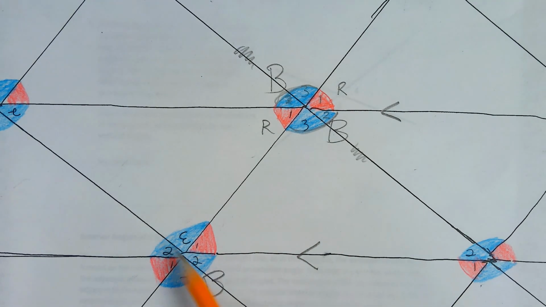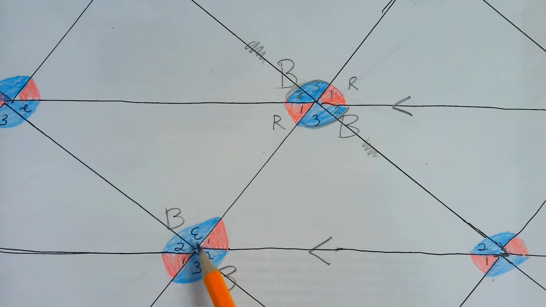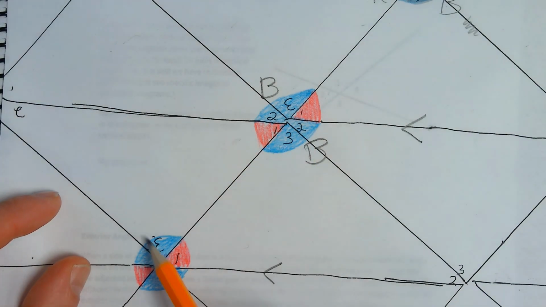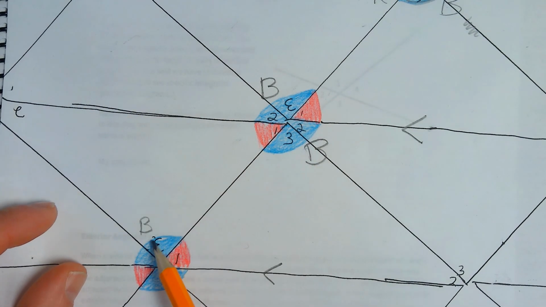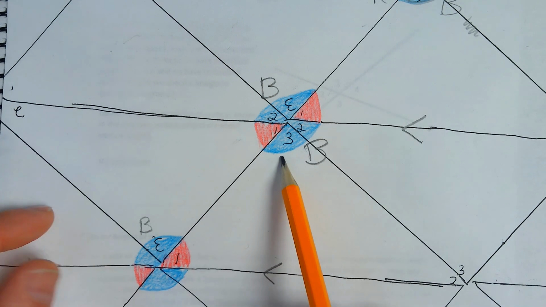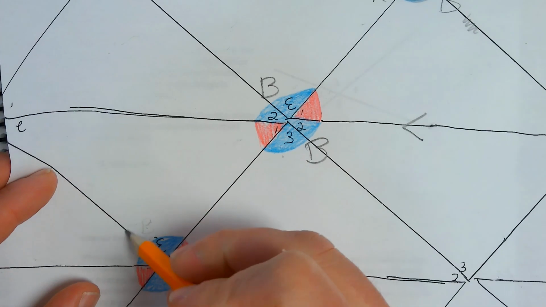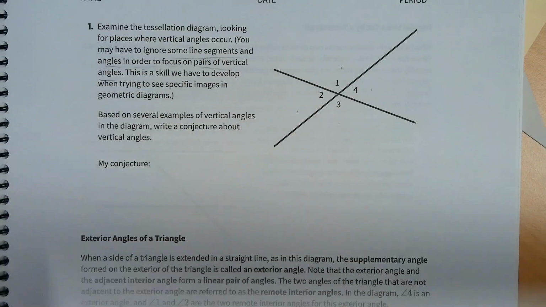And vertical to the blue is a blue. Okay, and if we travel down the transversal to the next parallel line, in the same spot we have a blue. And opposite interior angle is the blue. This B should really be bigger. All right.